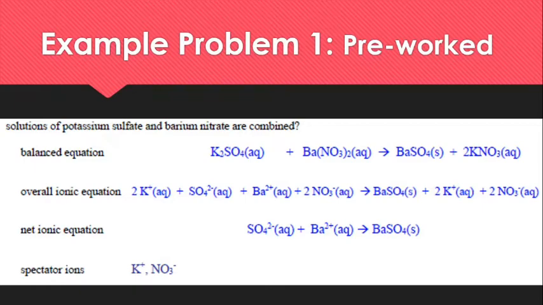This first example problem that's written out for you says that we have solutions of potassium sulfate and barium nitrate. So first, unpacking that. We've got potassium sulfate here, and remember when we write compounds that we have to cross, drop, reduce the charges. So I'm looking at my potassium, which is in the first column.